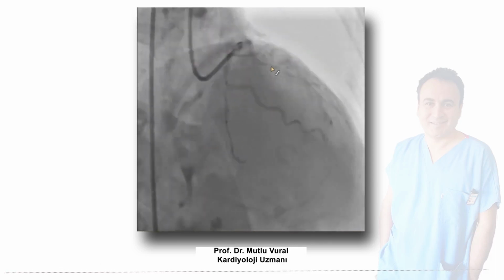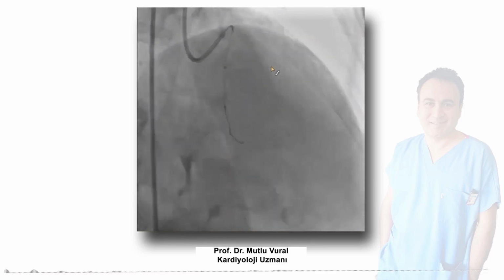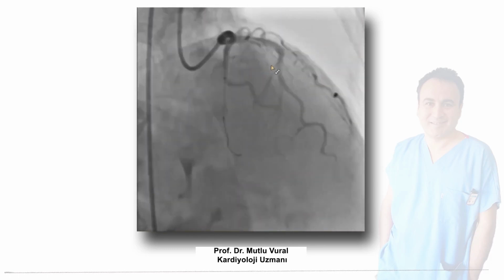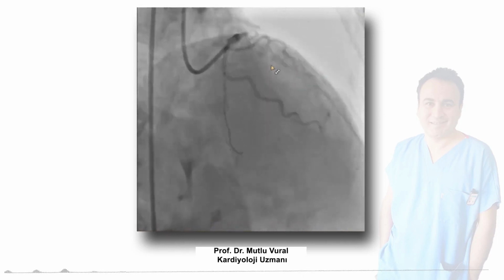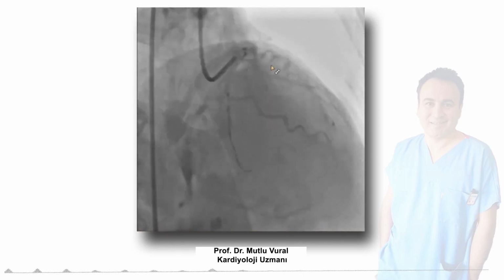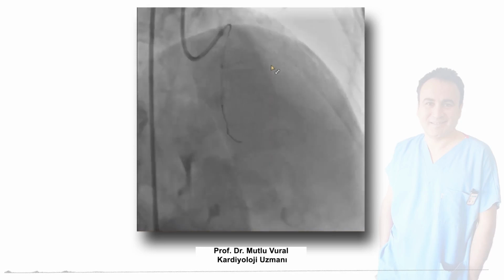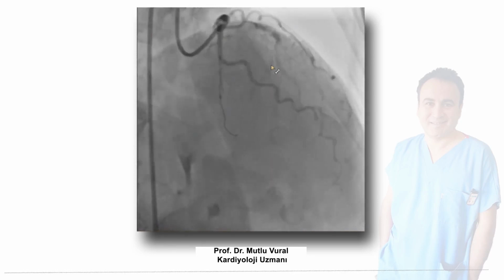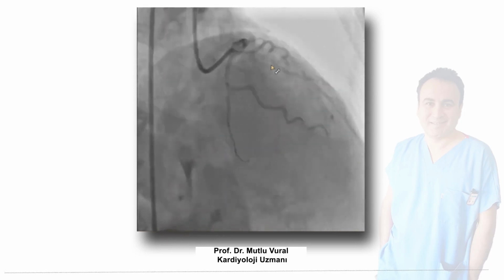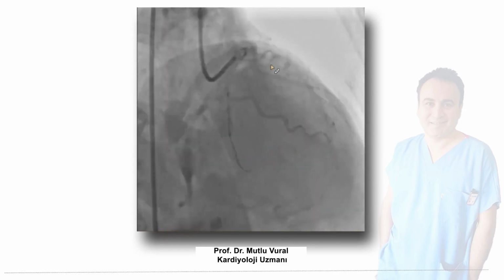Before dilating balloon, if we are not sure about the position of the wire, we may use only 1 atmosphere dilatation, and we may pull back balloon and check again angiographically, and we may redirect the wire and dilate the proper artery.